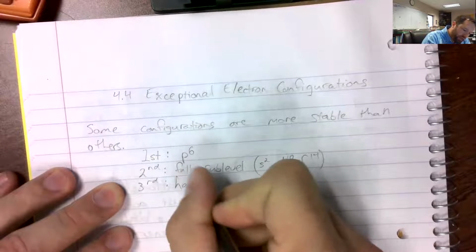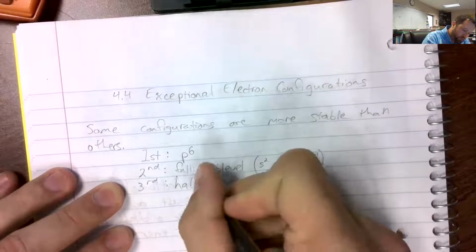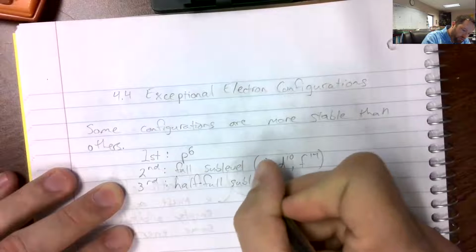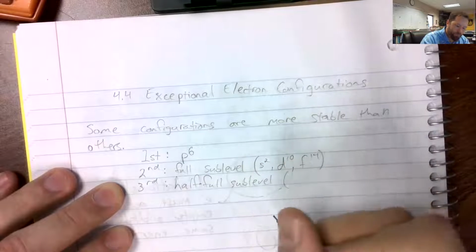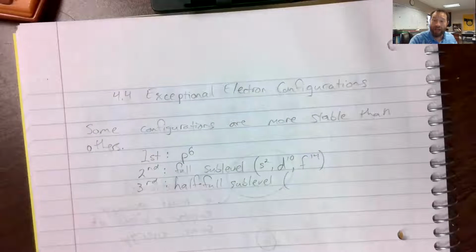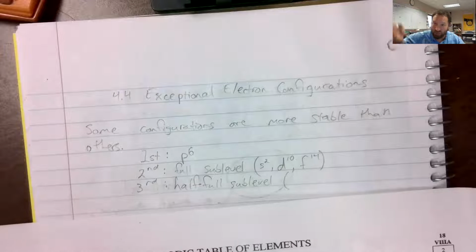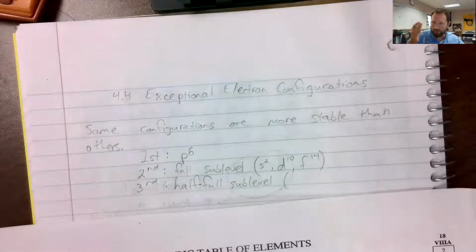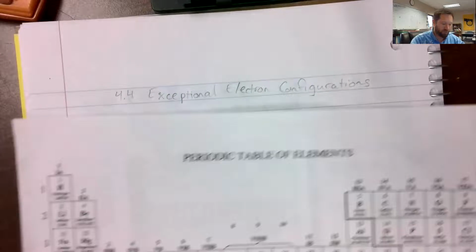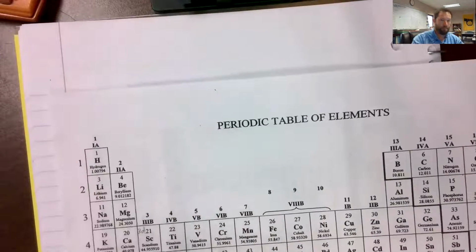There is a third place winner as well, and that is a half full sublevel. So if you can get a half full sublevel, think of lines, and every line has an up arrow, just one arrow, and they're all pointed in the same direction. That's like the third best place to be. So that'd be S1.